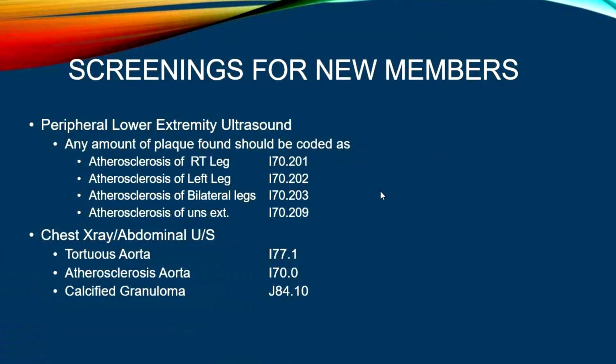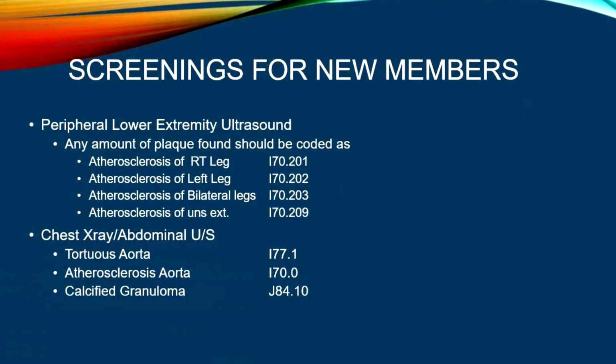Okay. So here in Florida, we use a protocol for all our new patients, all our new members. We have a bucket list or a laundry list that we ask all of our providers. You should, for new patients, order a lower extremity ultrasound, and that's where we would find any atherosclerosis of the lower extremities.